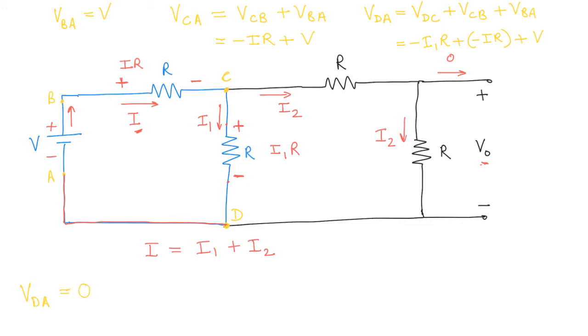But we have already written an equation for VDA, which is this. So this sum has to be 0. So let's just write that down. So 0 is equal to minus I1R minus IR plus V.